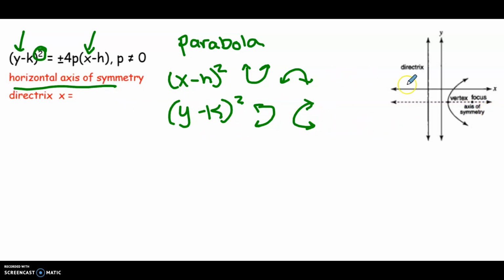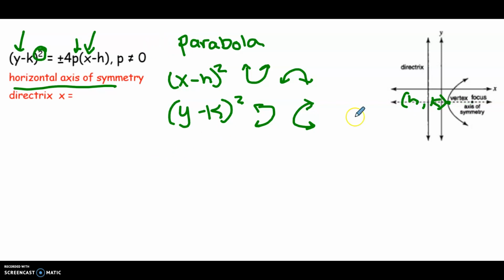Now my vertex is still going to be considered h comma k. The only difference is that the squared is coming onto the y value. That p value is still going to be the distance between the vertex and the focus right there. Let me change the color so you can distinguish what I just did.